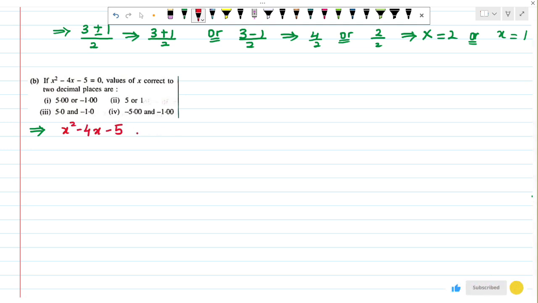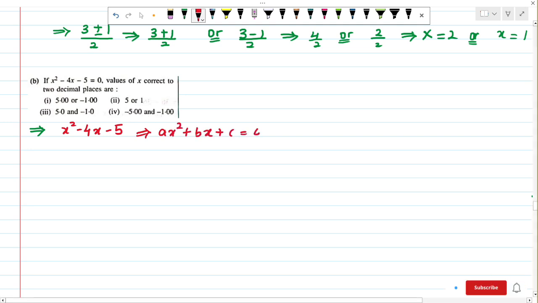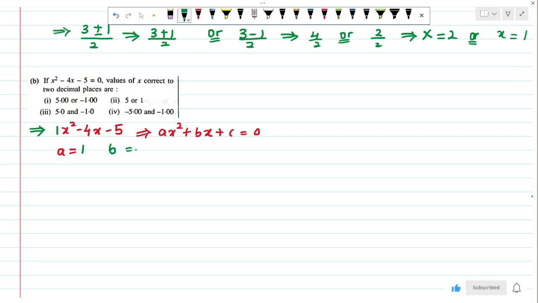So it is of the form ax square plus bx plus c equals 0. Now I'll substitute the values of a. So a value is 1 and b value is minus 4 and c value is minus 5. So a is equal to 1, b is equal to minus 4 and c is equal to minus 5.